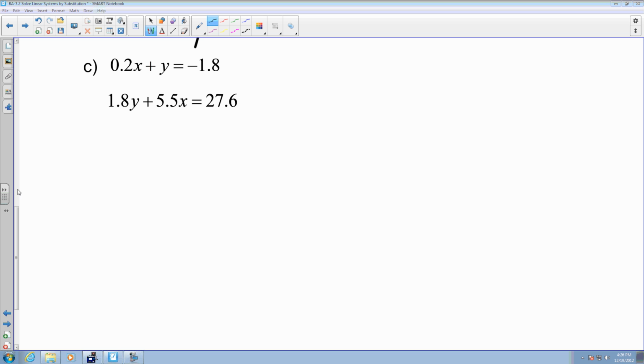And for this one, I find that this will be the easiest one to get a variable by itself, and I'm going to solve for y. So I'm going to subtract 0.2x from both sides, leaving me with y equals negative 0.2x minus 1.8.